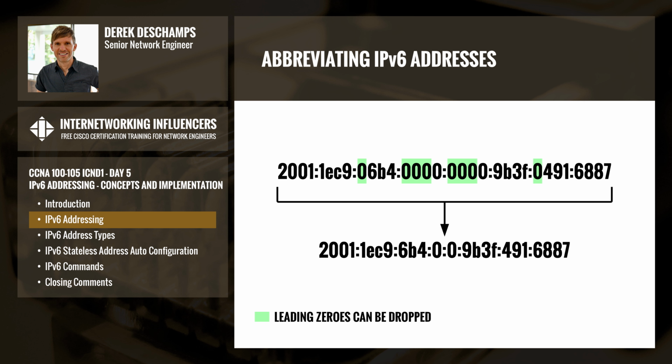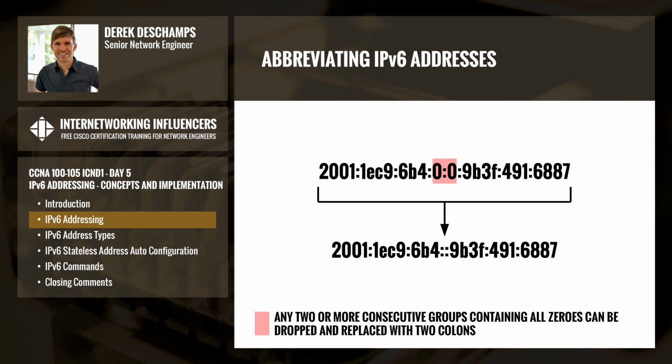For example, the leading zeros in the 3rd, 4th, 5th, and 7th group of this IPv6 address can be dropped. Any 2 or more consecutive groups containing all zeros can be dropped and replaced with 2 colons. For example, the 4th and 5th group of this IPv6 address can be replaced with 2 colons.